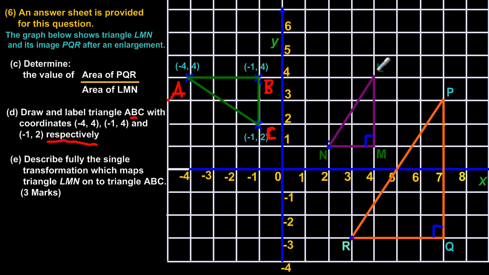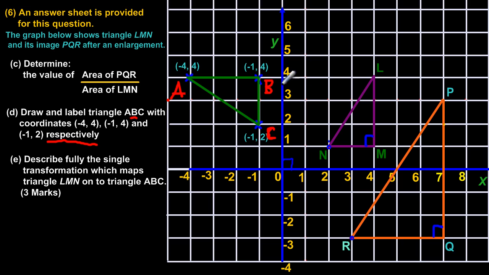LM is a vertical line and AB is a horizontal line, and a horizontal line meets a vertical line at an angle of 90 degrees. For example, my y-axis is a vertical line, my x-axis is a horizontal line, and those 2 lines meet at an angle of 90 degrees, and I've just marked that.